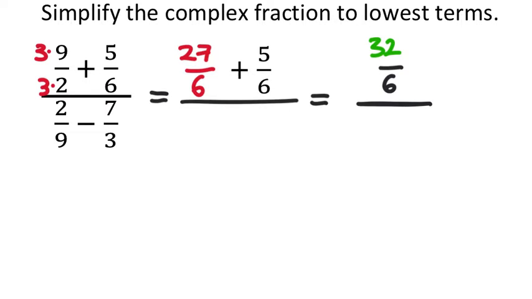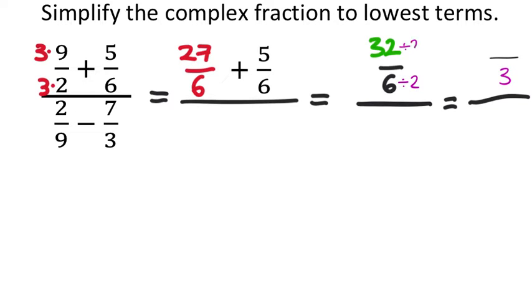Now 32 and 6 are both divisible by 2. So when I divide these, 6 divided by 2, that's the easy part. That'd be 3.